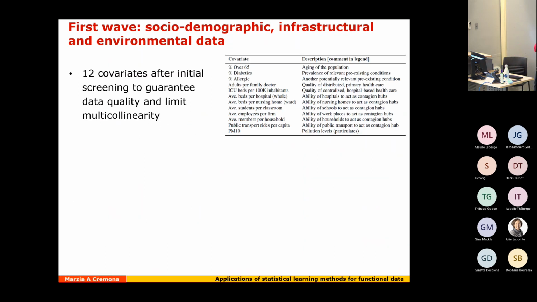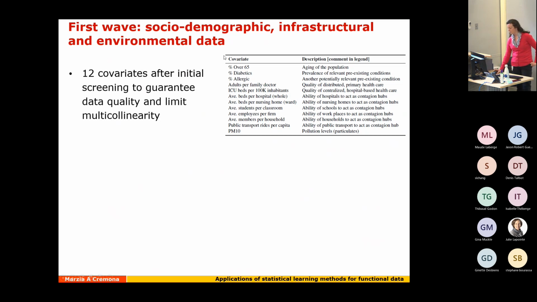One last step. Here we didn't take into consideration the fact that there are many differences between the regions of Italy. So we collected other data for covariates that can describe these differences between the different regions.